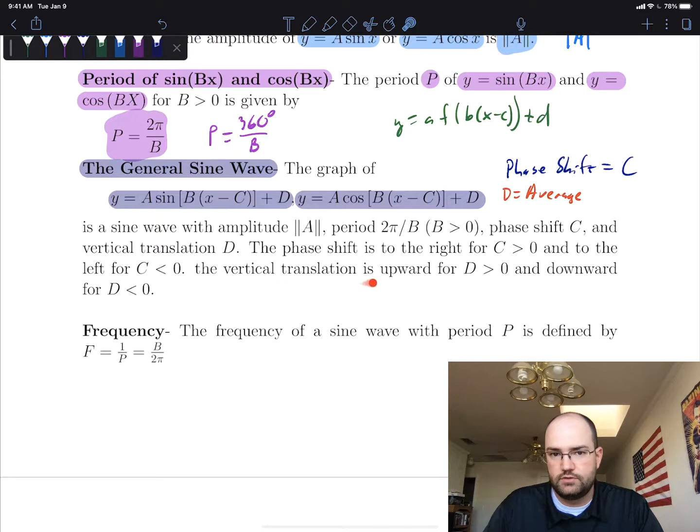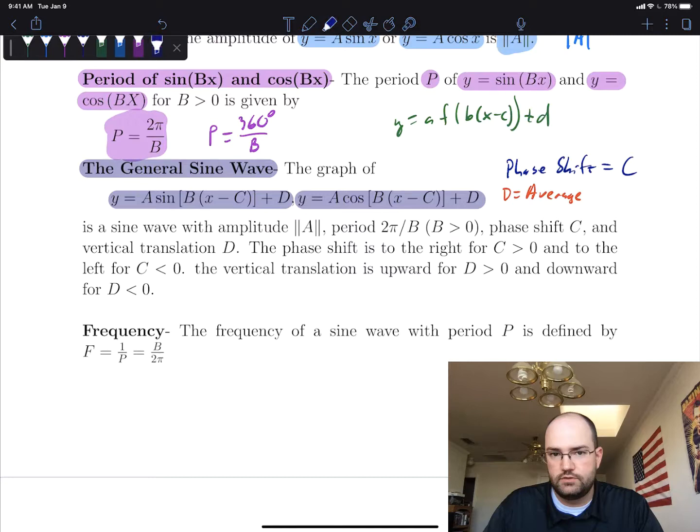The vertical translation is upward for d greater than 0 and downward for d less than 0. The phase shift is to the right for c greater than 0 and to the left for c less than 0, but it's not going to look that way, remember? If you have a negative here, that means it goes to the right, and if it has a positive, it goes to the left.